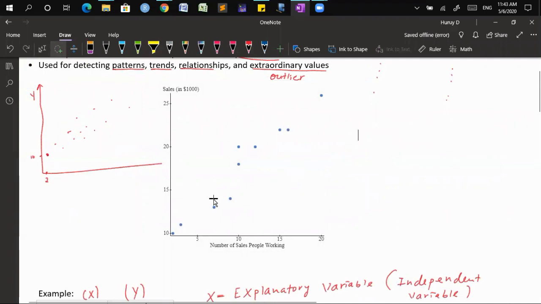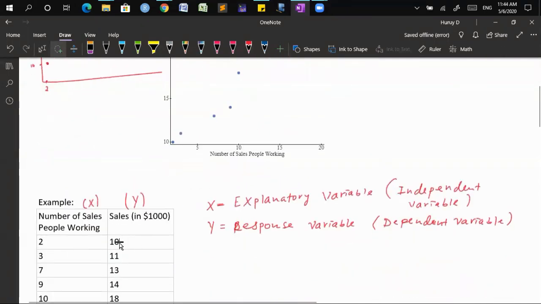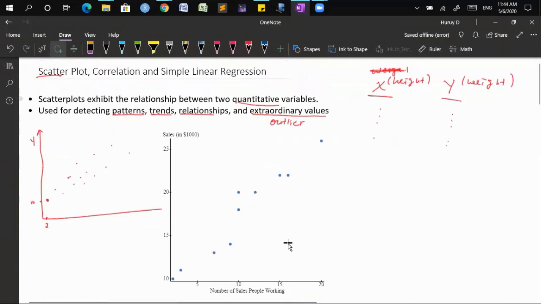And as you can see, these are the coordinates of each of these. So the first one is probably this one. X value is 2, Y value is 10. And the second one, X is 3, Y is 11, and so on and so forth. So we have this scatter plot now.